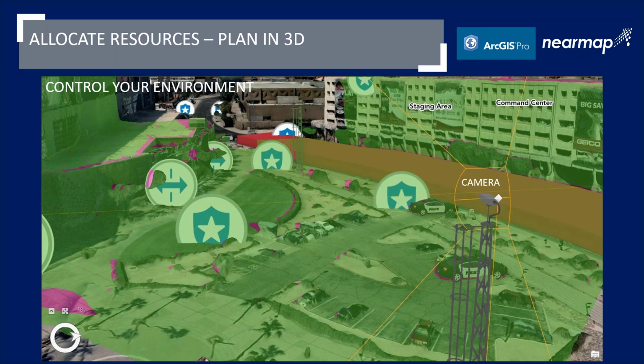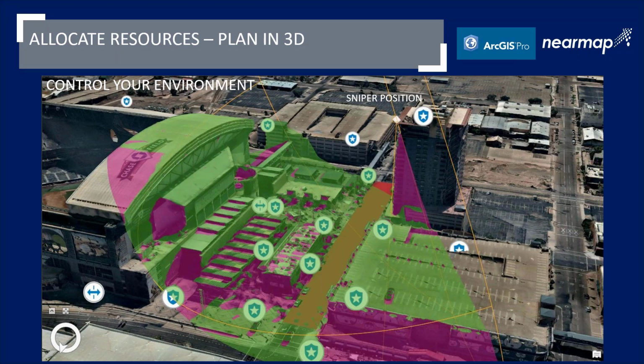And then, the ultimate bad situation is having an active shooter scenario, and then where are we going to allocate sniper positions, and what is their viewshed going to be like?